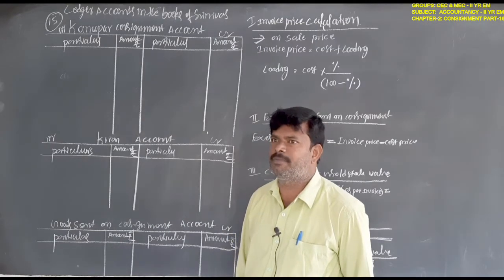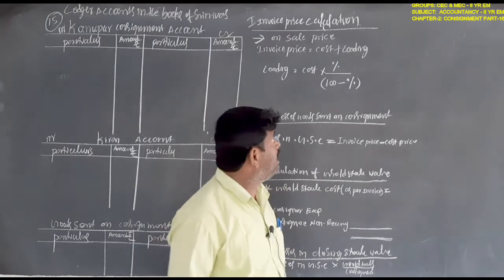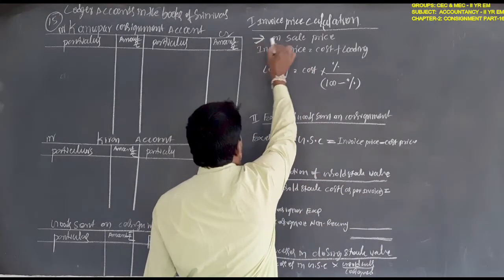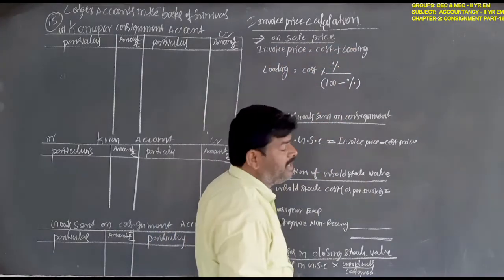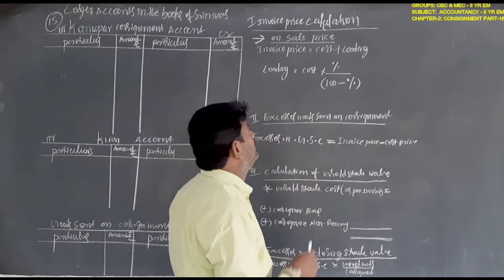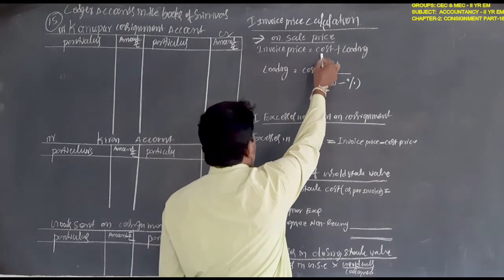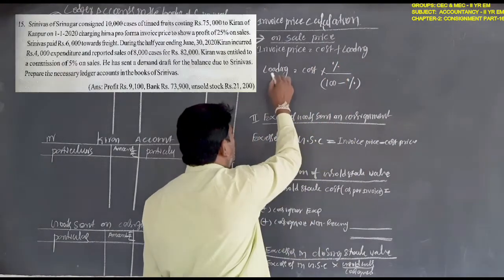The percentage is given on sales price. Remember this one thing. Here the invoice price is given on sales price. In the previous problem the invoice price percentage was given on cost price. So what is the invoice price? Invoice price is equal to cost plus loading. How do we calculate loading?